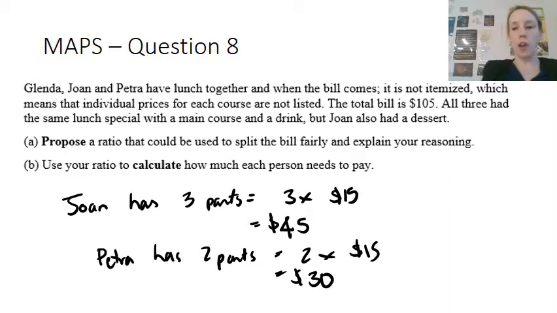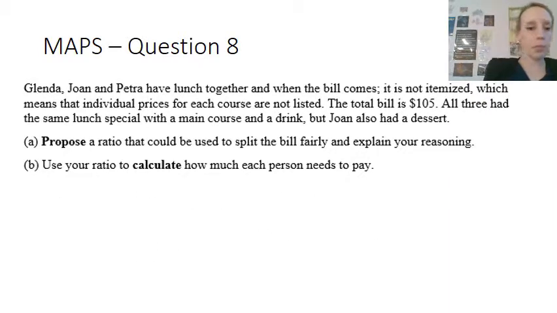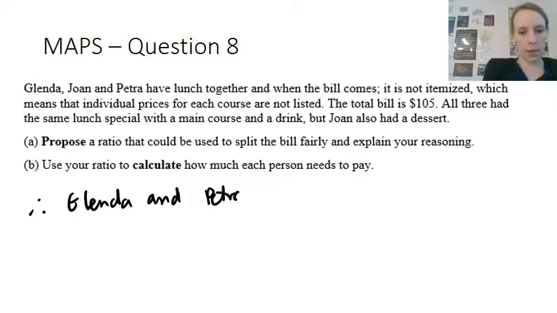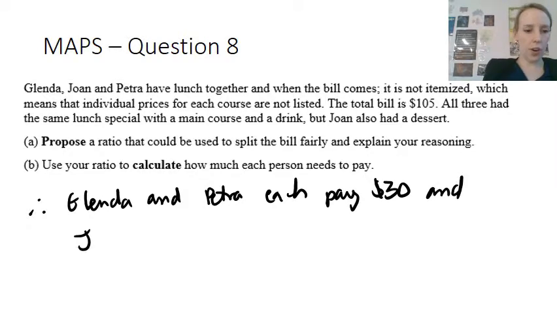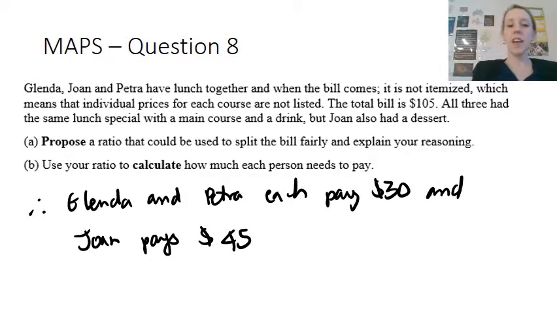And then you can just write your sentence to finish it off. Therefore, Glenda and Petra each pay $30 and Joan pays $45. That could be an answer there.